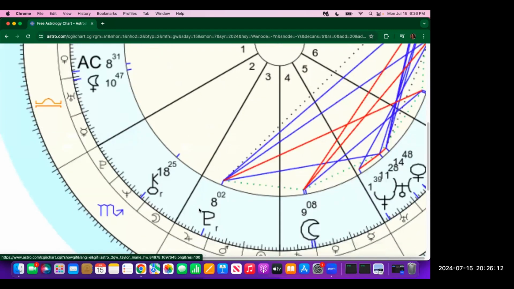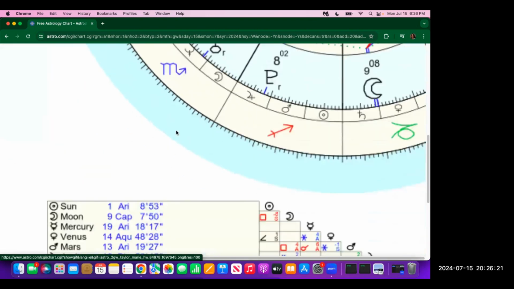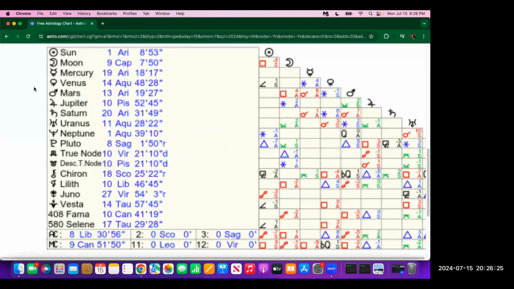For me, my Pluto is in my 3rd house. You can see it in this little section here. Okay, it's in my 1st house. Perfect. So Pluto's your ruling planet. Write down Pluto in 1st house.